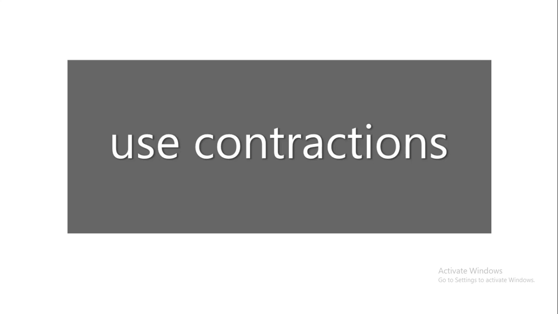The third way of speaking English like native speakers is to use contractions. What are these contractions? Instead of saying "do not," you can say "don't." Instead of "she is," you can say "she's." Instead of "he is," you can use "he's." "They are," you can say "they're." Instead of "would not," you can say "wouldn't."